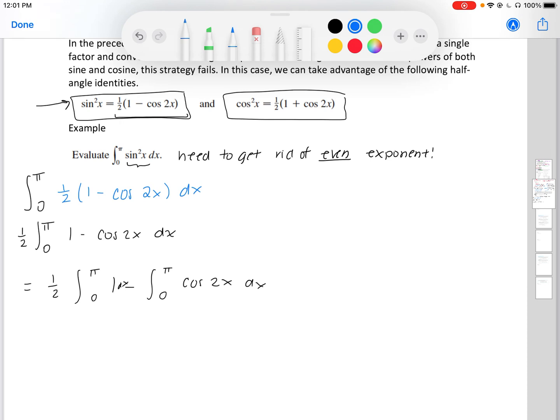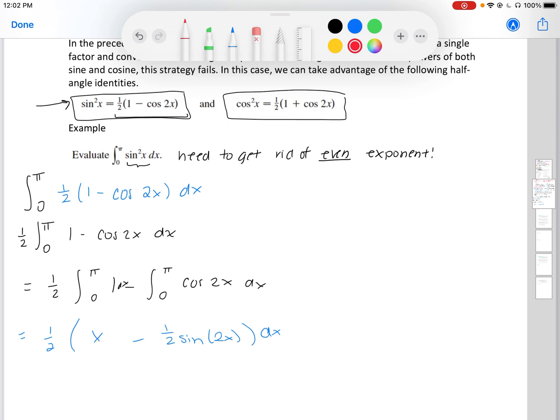Let's integrate. So we have 1/2 times x minus, and you can use u sub. Hopefully you've done u sub enough so you can see what's going on here. So our integral will be 1/2 sine of 2x.